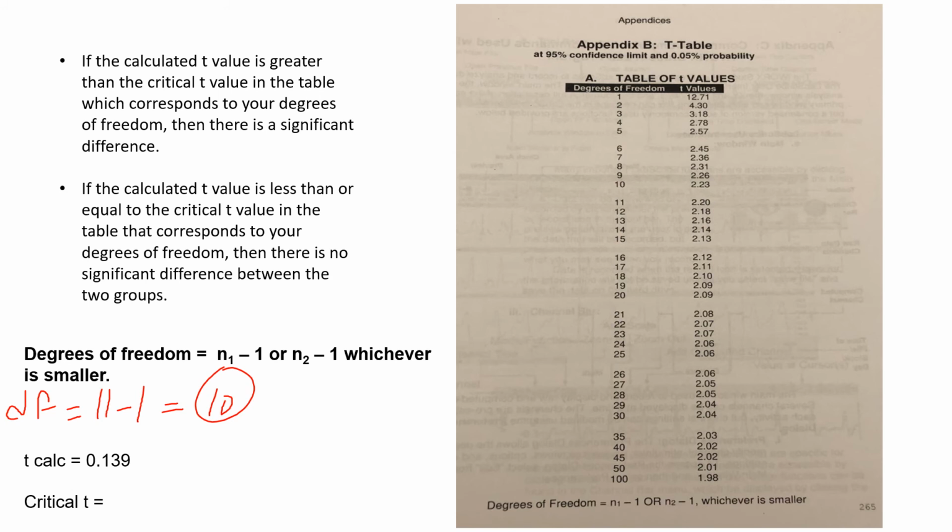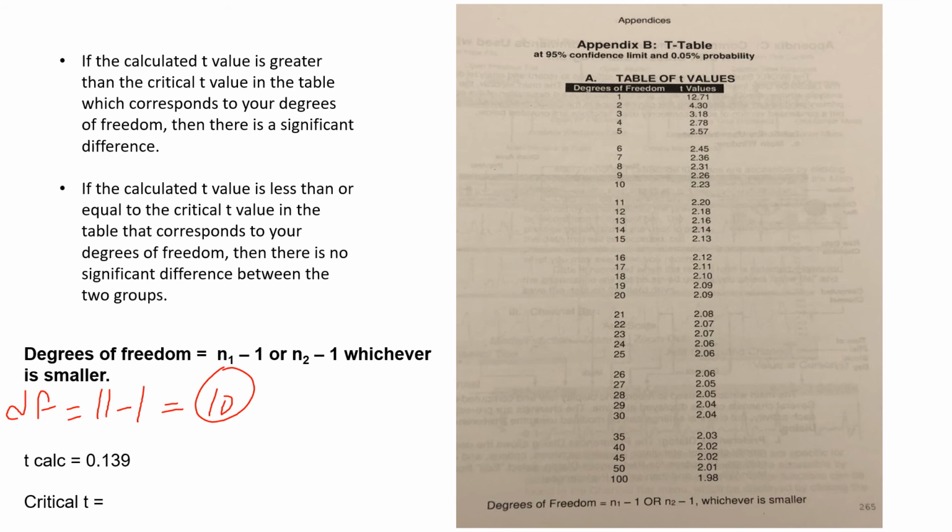Now, for this example, we had 11 data points for the first group, and we had 11 data points for the second group. So our data points were exactly the same, and so all I would do is 11 minus 1, and for this example, the degrees of freedom is 10.